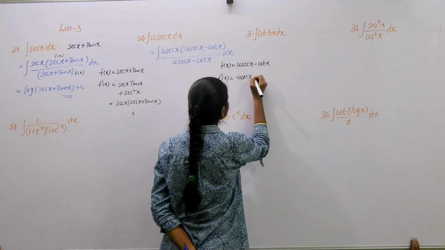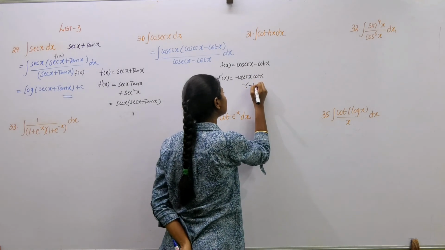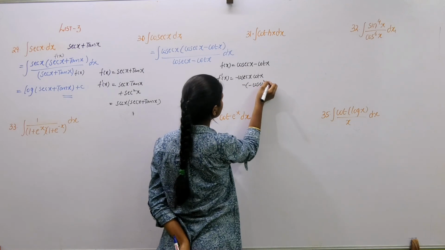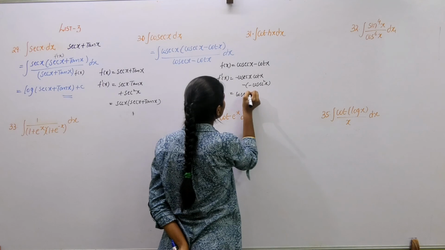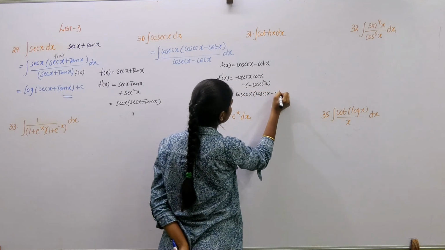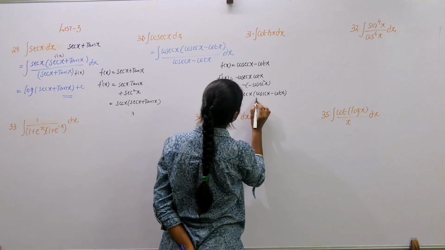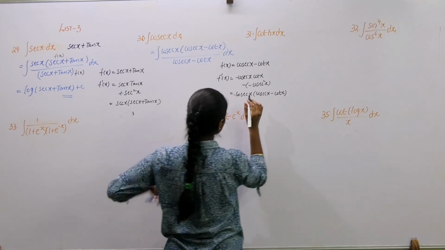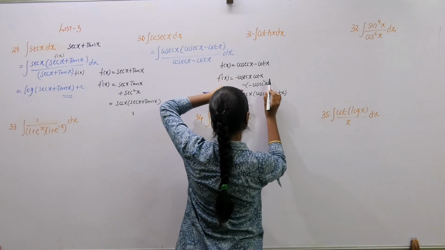minus cosecant x into cot x, minus d by dx of cot x, which is minus cosecant square x. It is equal to, if we take cosecant x as common, cosecant x into cosecant x minus cot x. Minus into minus gives plus cosecant square x.